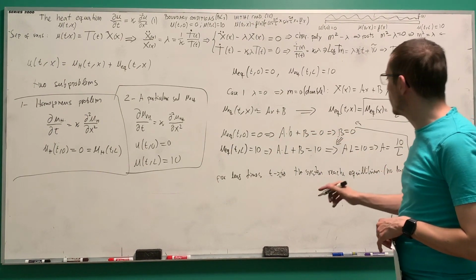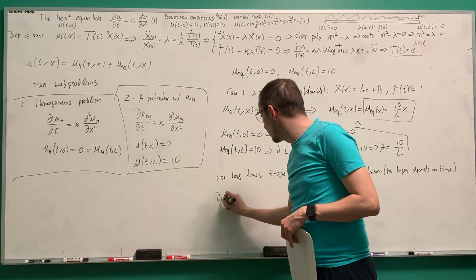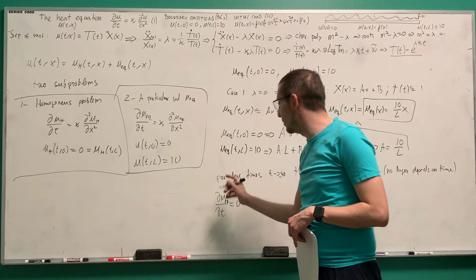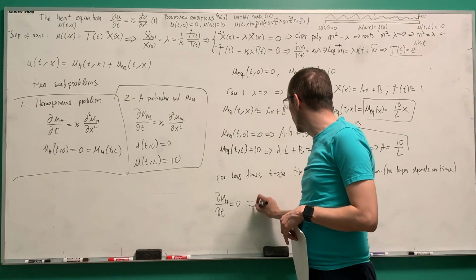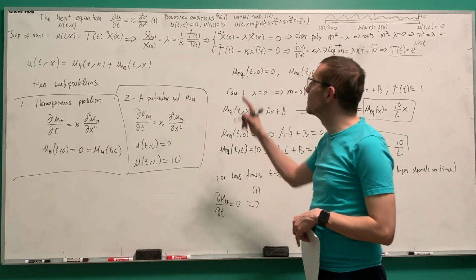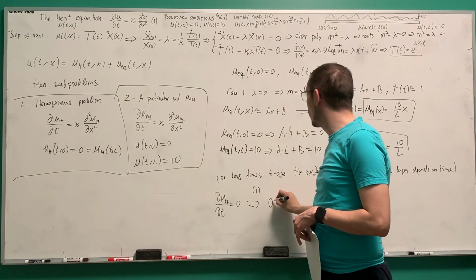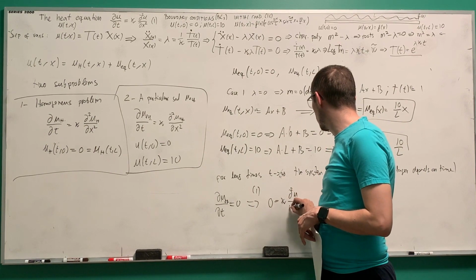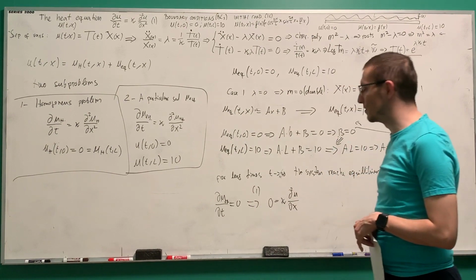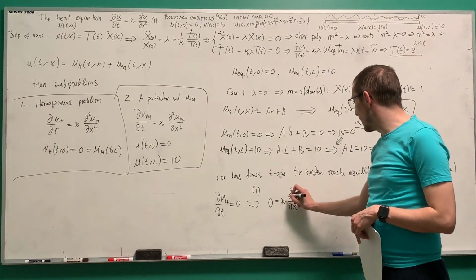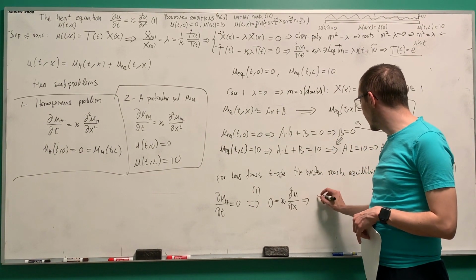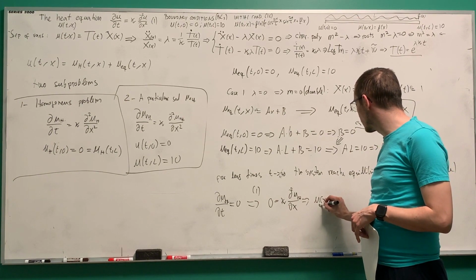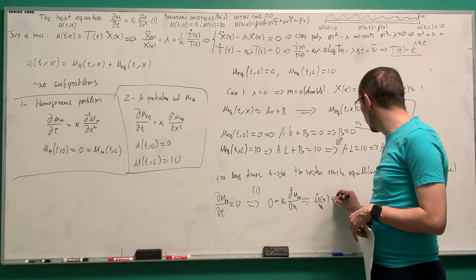Well, if that's the case, I know that partial u, partial t will be 0 in the equilibrium regime, and therefore equation 1 gives me 0 equals kappa second derivative of u with respect to x equals 0. All right, then I can divide by kappa, kappa disappears, and I get just u equilibrium of only x, double derivative, equals 0.